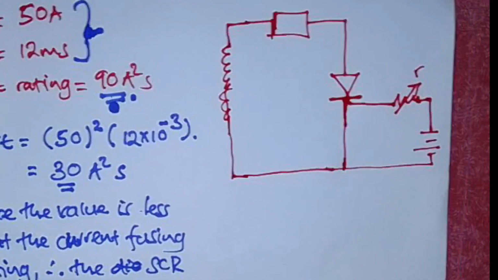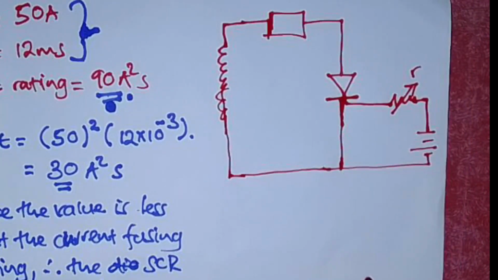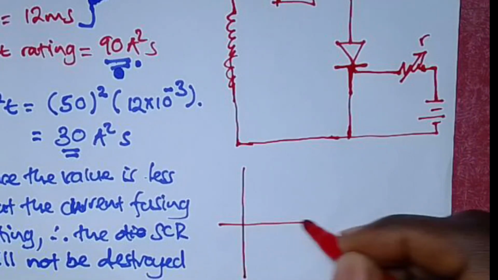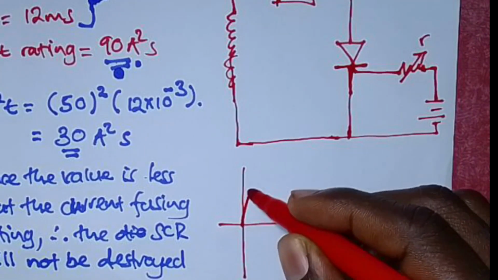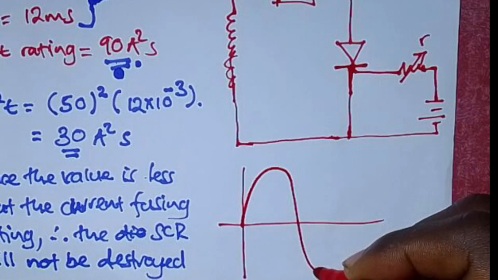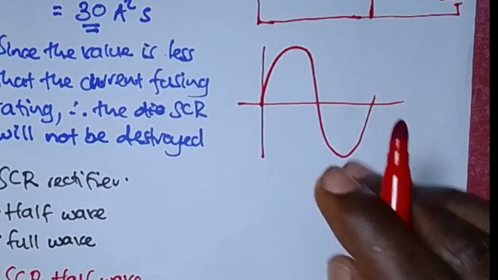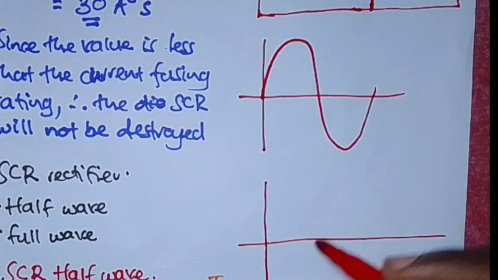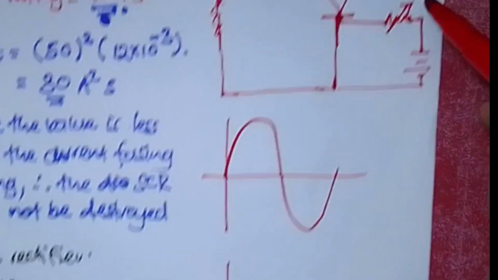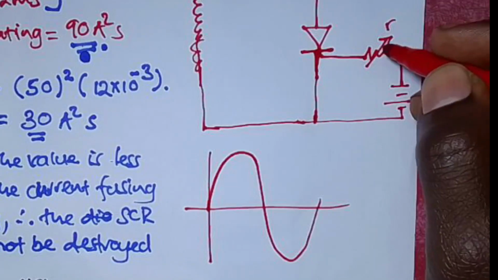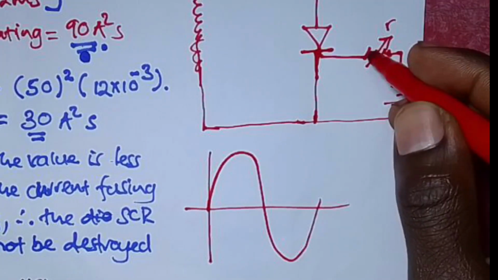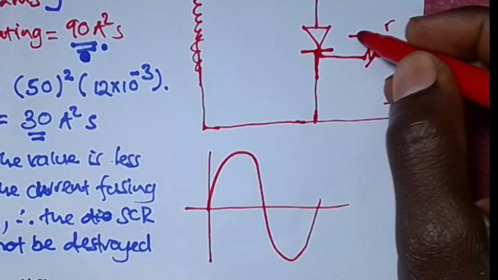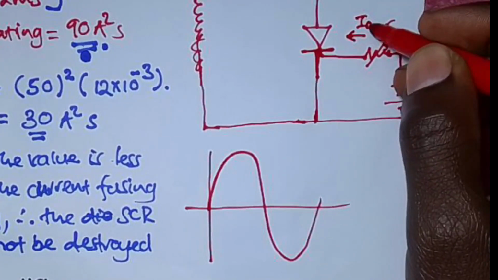So for example, if I look at this diagram and compare the output with the input, remember this voltage here is varying, okay? And this is supposed to be my output at this point. So let's say I've set my resistor such that a certain gate current Ig is flowing.